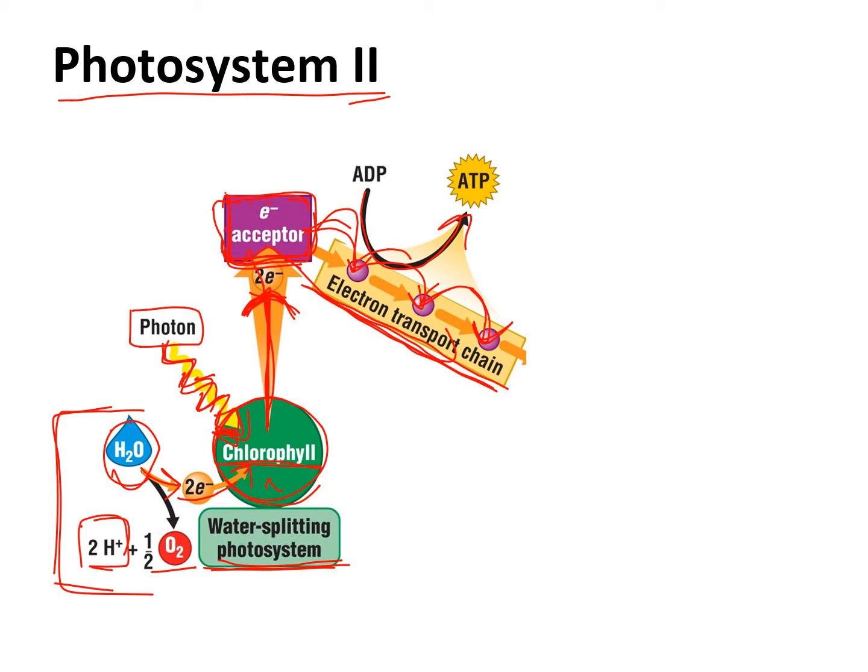Remember, a hydrogen atom is a proton plus an electron. So if a hydrogen atom loses its electron, we refer to it as a hydrogen ion. It's just one proton by itself. All right, so the purpose of splitting water is to replace those electrons that are being transported to the electron transport chain.